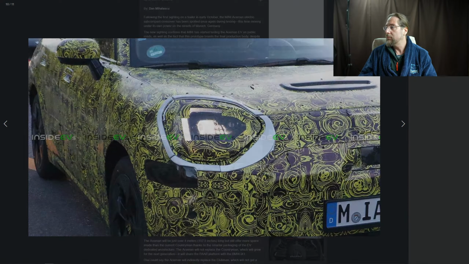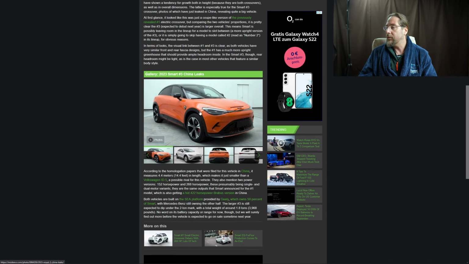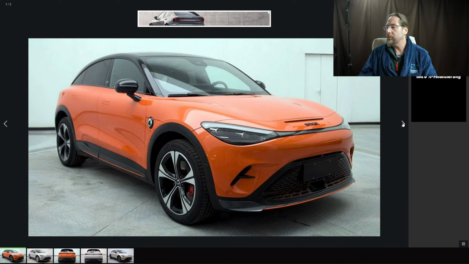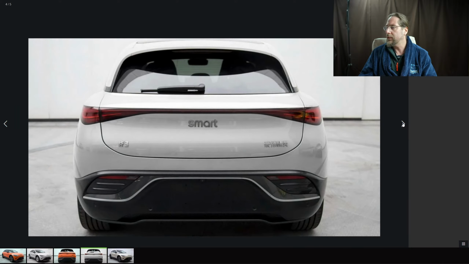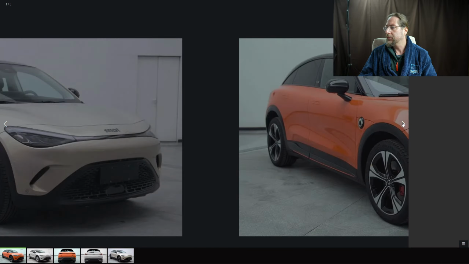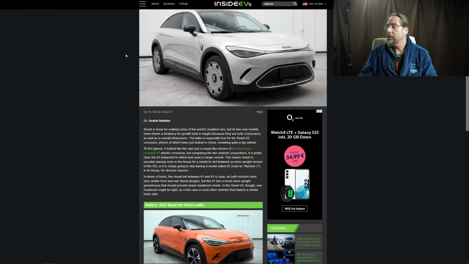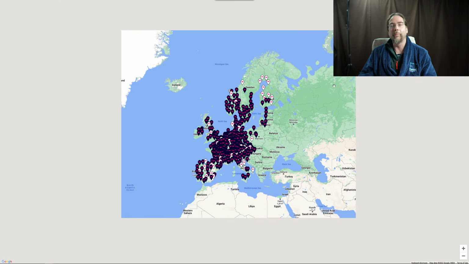Nothing special. Then there are leaks of the smart #3. The #1 is a smaller car, and the #3 is like the Kona, or even bigger than the Kona. A real SUV. And that's it. That's all my news.